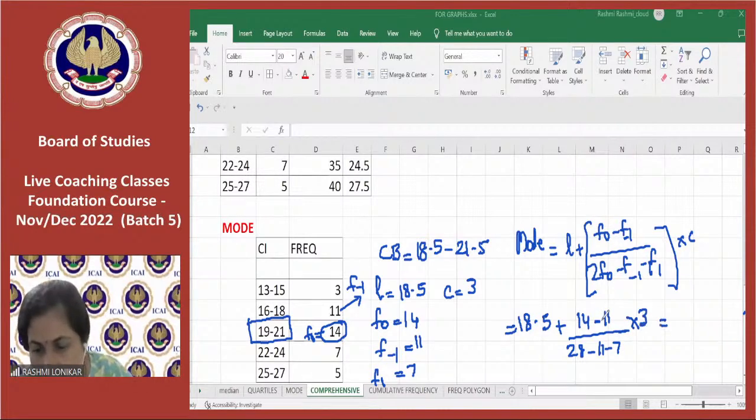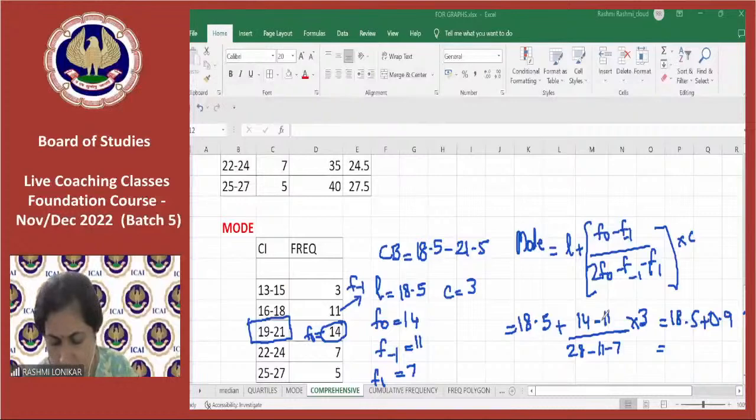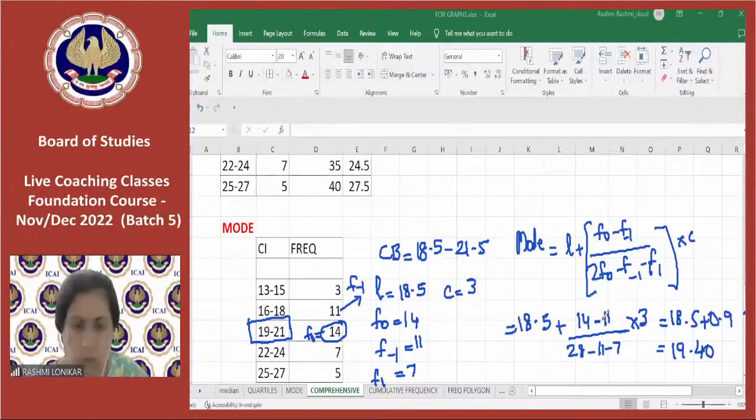So it is 18.5 plus 3 into 3, 9, divided by 10, which is 0.9. So this is equal to 19.40. So mode will be 19.40.